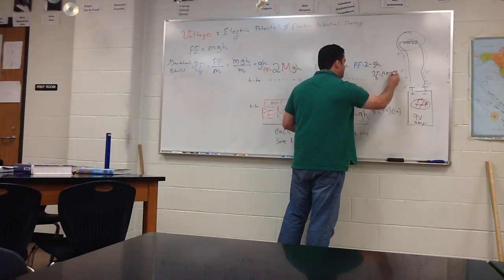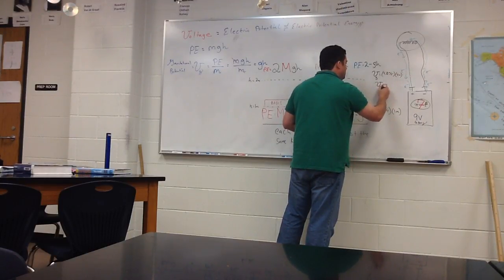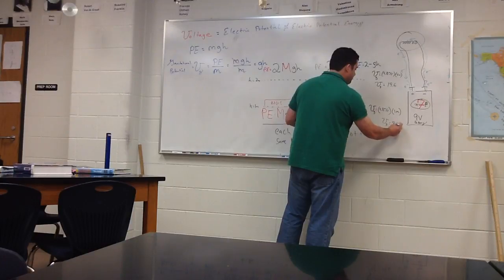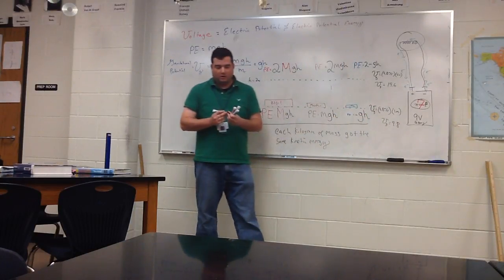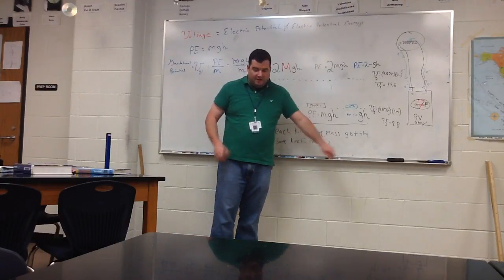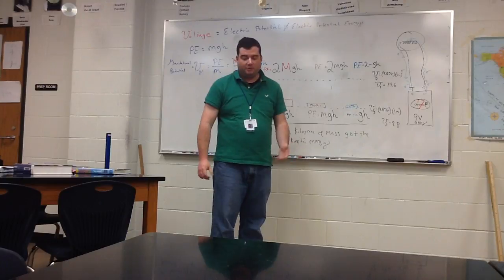9.8 meters per second squared times 2 meters. Where we have a voltage of 19.6. Whereas here, we have a voltage of 9.8. So the key thing is that every kilogram of mass hitting the floor now will have twice the kinetic energy it did before.